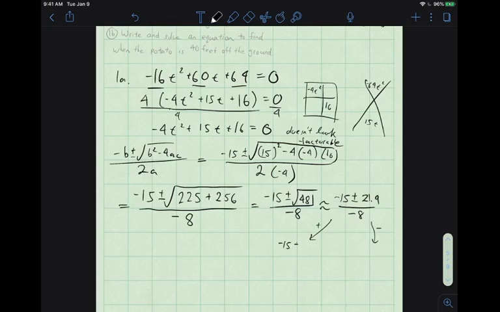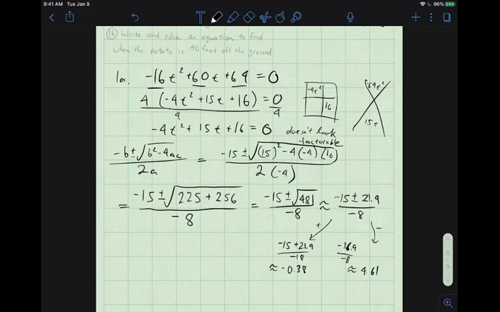Negative 15 plus 21.9 divided by negative 8 gives us about negative 0.86. And then for this one, where we subtract, negative 15 minus 21.9 gives us negative 36.9, divided by negative 8, gives us a positive number, 4.61.